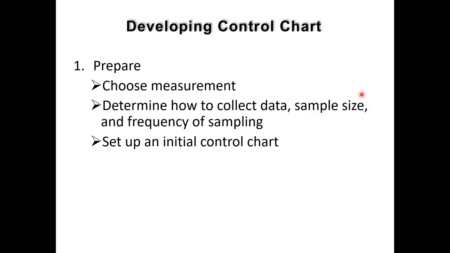Again, sample size can be in terms of samples. You collect a sample of observations at a point of time, or you only use one individual value for a point of time. And the frequency of sampling. Frequency of sampling here means how frequently do you do your sampling?